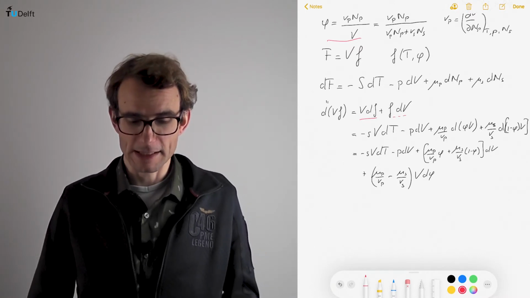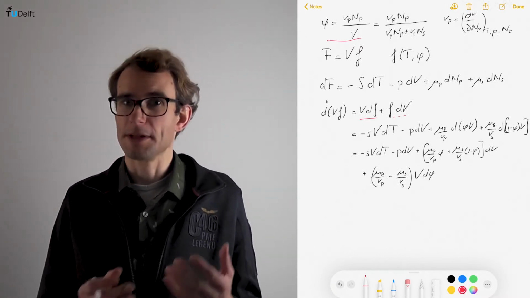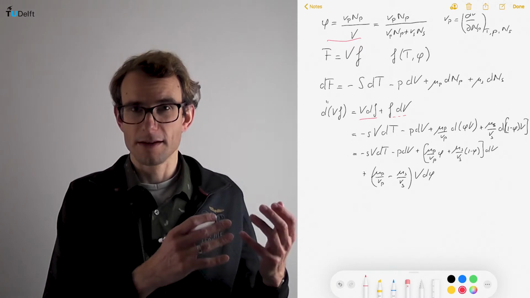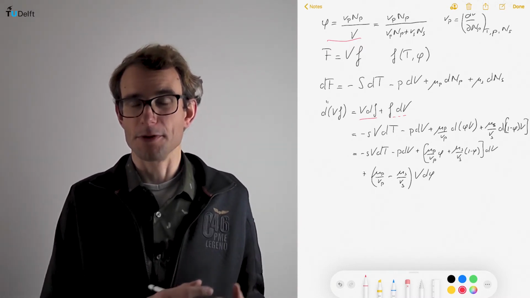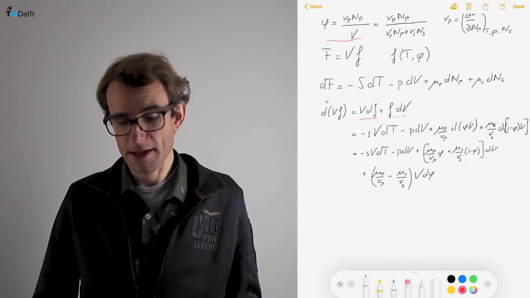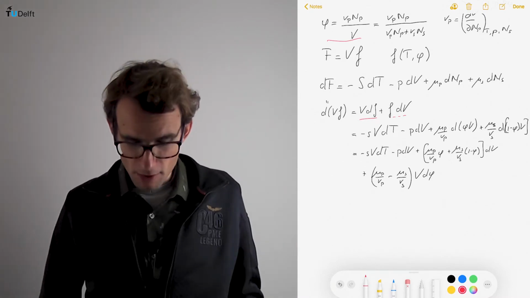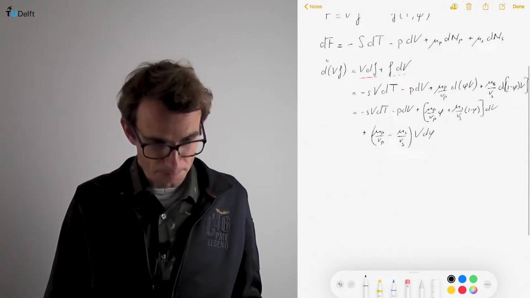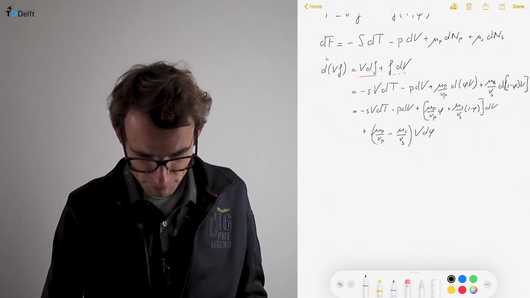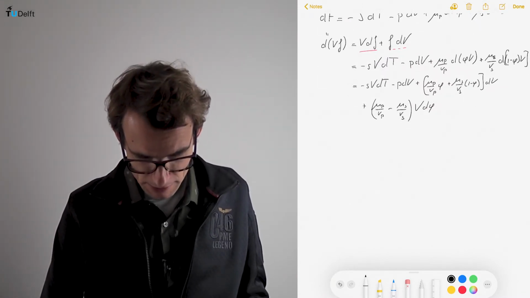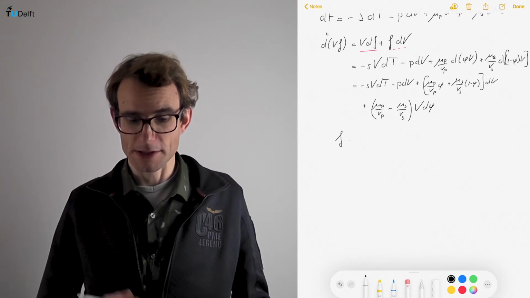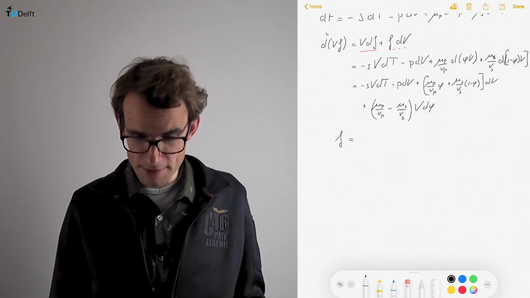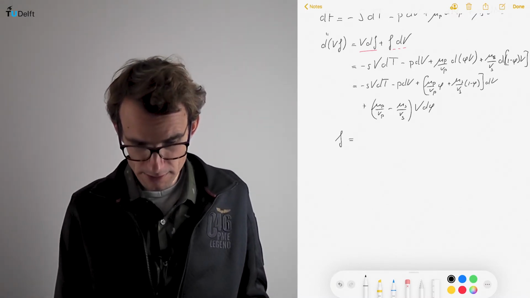And so what I can say is that the differential of the free energy per unit volume has no volume in there anymore. And so I can simply read off what these two things need to be. So instead of one equation, I get two. And what I get is that the free energy itself, so from the second term, I typically collect all the terms that go with dV. Well, that's minus the pressure. There's one there.